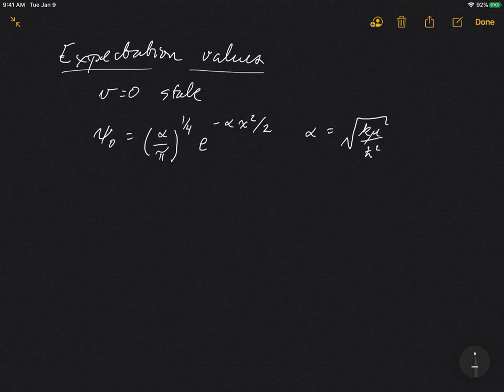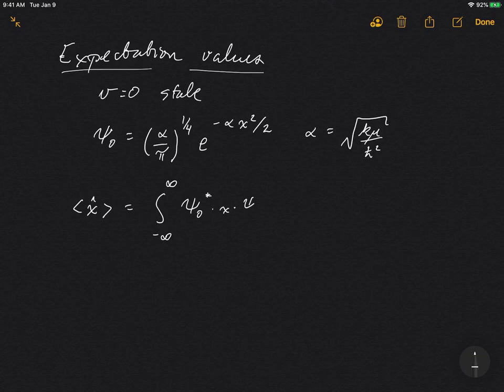So we're going to first look at the expectation value for position. In this case, all space means minus infinity to infinity. And we have psi 0 star. That's a real valued function, so psi 0 and psi 0 star are the same function. Then times x, times psi 0, and then dx.